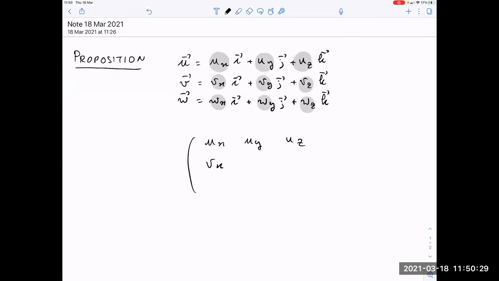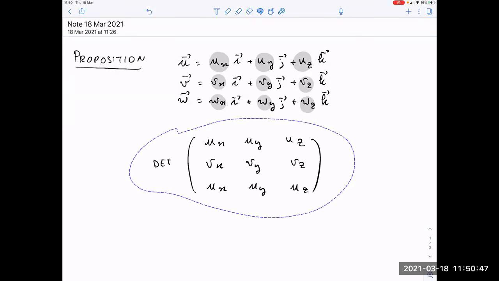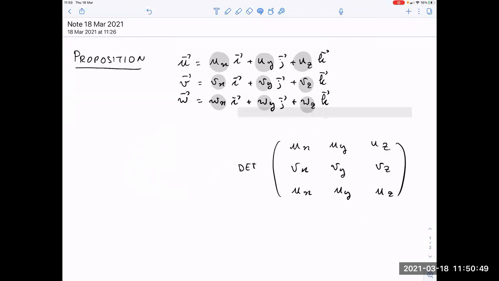And since this matrix is square, I can compute its determinant. So I can compute this 3 by 3 determinant either using Sarrus' rule or using the recursive definition we saw yesterday. And what is the catch here?